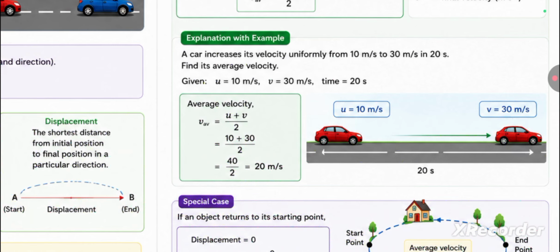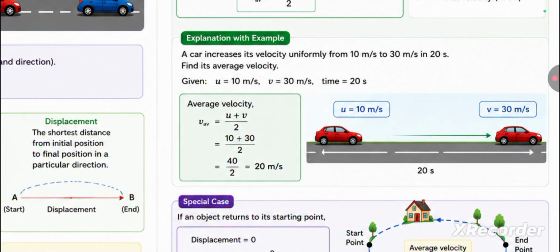Here 10 meters per second is the initial velocity, so u is equal to 10 meters per second, and the final velocity v is equal to 30 meters per second. The time taken between the two velocities is 20 seconds. So time is equal to 20 seconds.